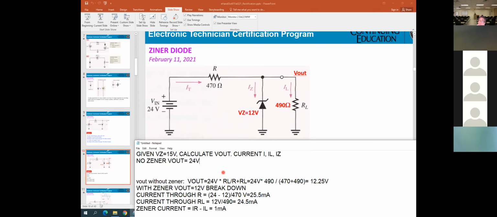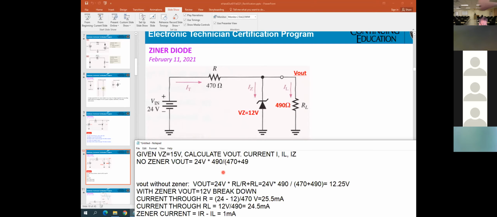Times 490, divide, bracket. Okay, that will be 470 plus 490. What do you think we get? Same 12.25.